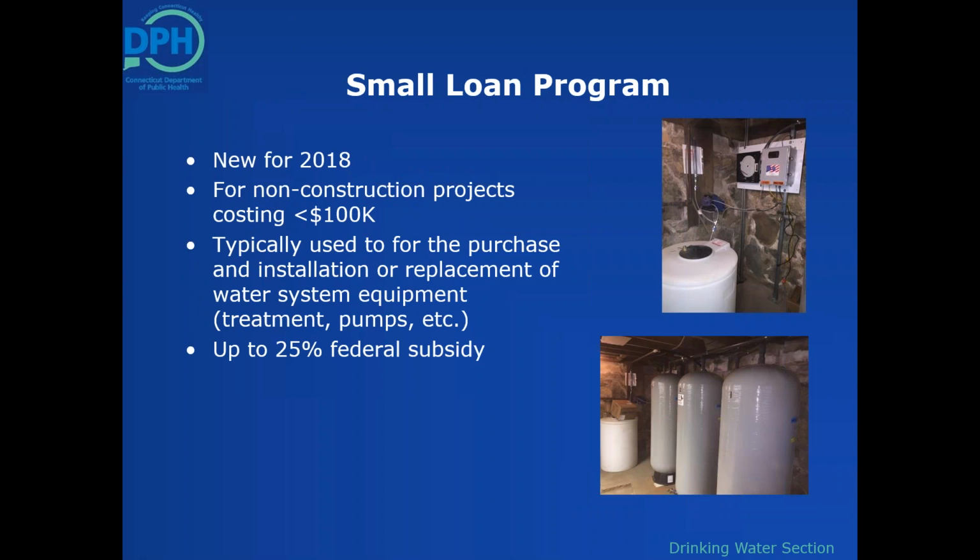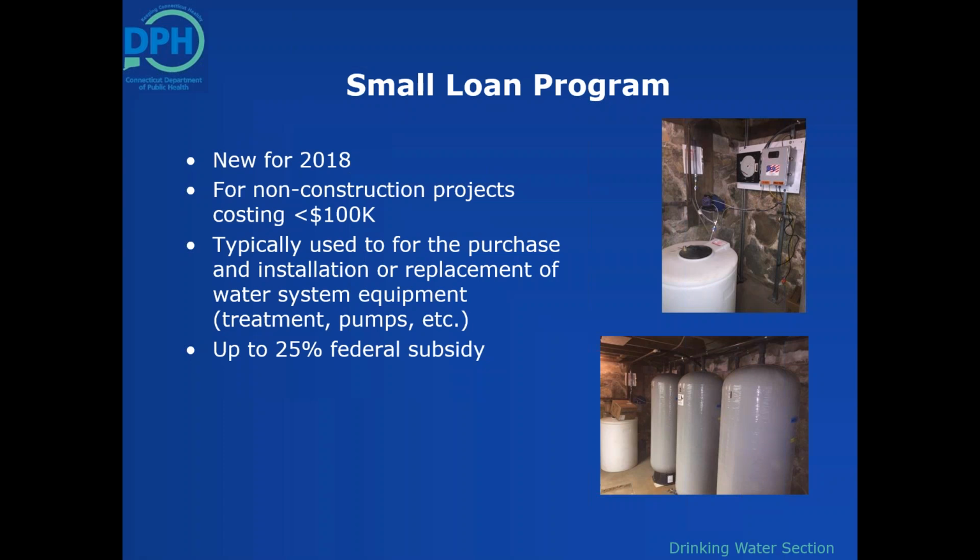Based on the success of that program, last year we launched a small loan program because there are a lot of similar projects and needs with our small systems for other drinking water related equipment. Again, these are non-construction projects under $100,000, but to purchase and install or replace various water system equipment, mostly treatment systems or pumps or similar equipment that has either exceeded its useful service life, or due to new regulations, the groundwater rule and lead and copper rule, they may need to install a treatment system to comply with our regulations.